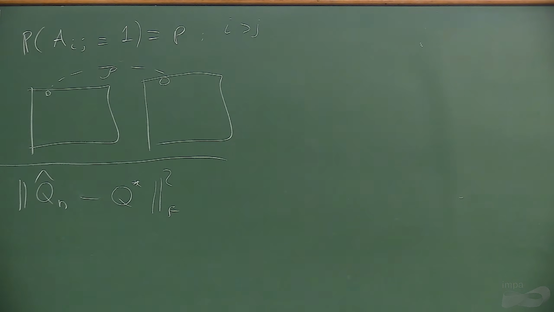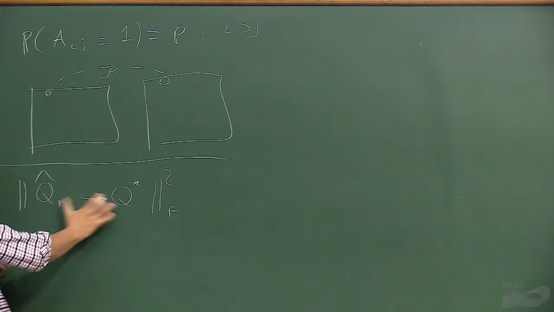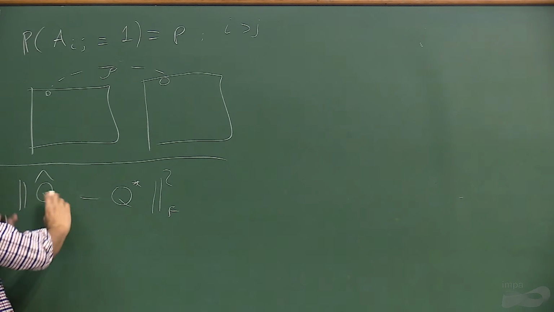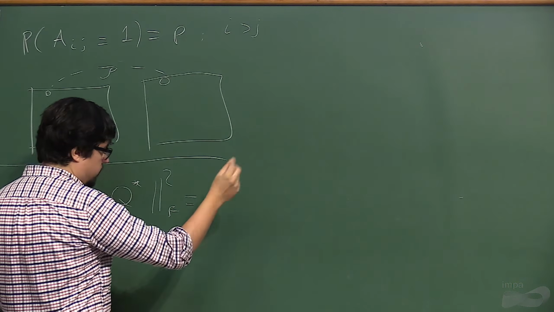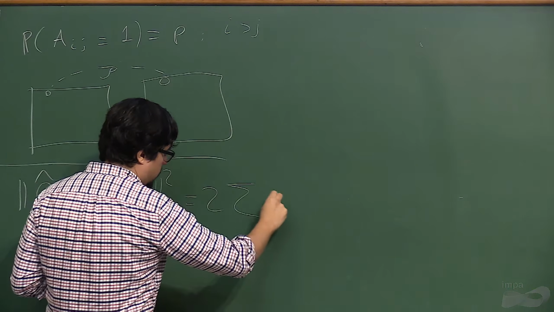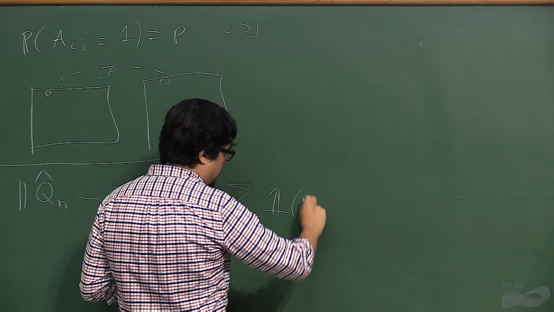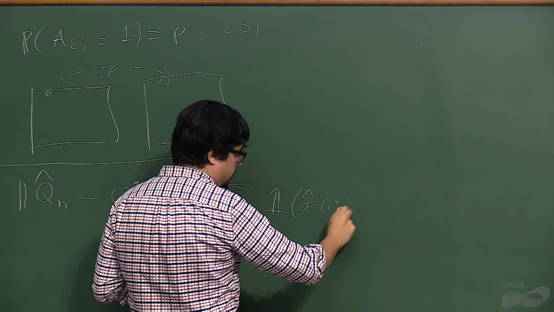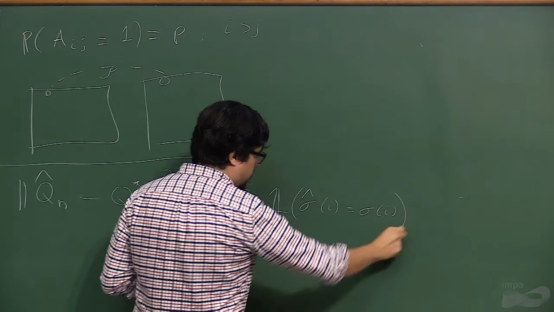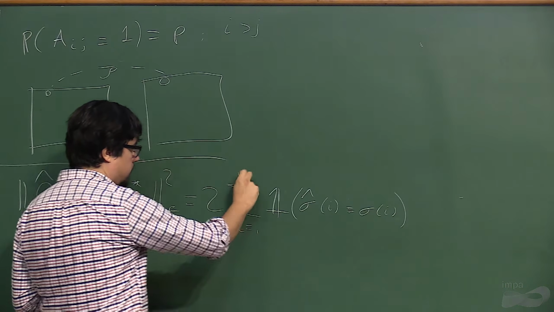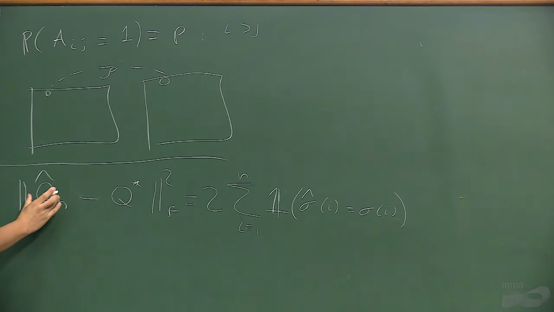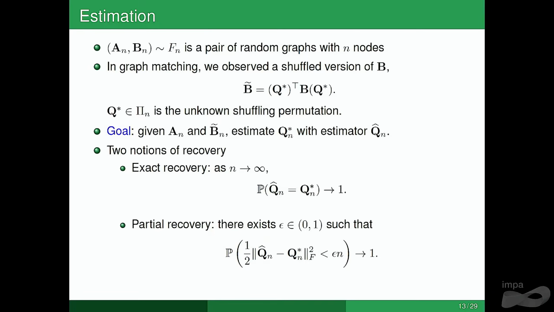Basically, this is just counting the number of times that we make a mistake in estimating the correspondence between two vertices. So this is going to be equal to 2 times the sum of the indicator that our estimator sigma hat of i is not matching the vertex to the ground truth. And this is equal to 2 because we're counting the errors twice in the Frobenius norm. When we look at the matrix, we have an error coming from here, but the same error is going to appear here. That's why we have the 1/2 in the denominator.